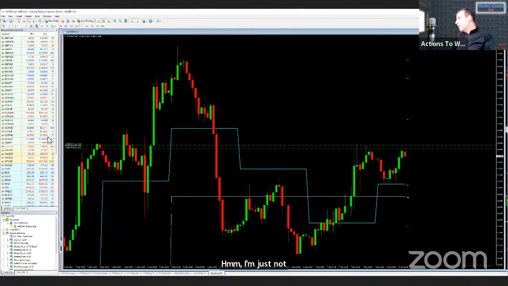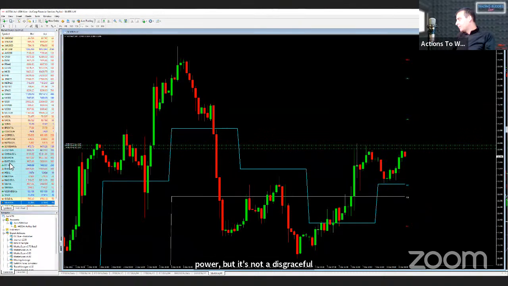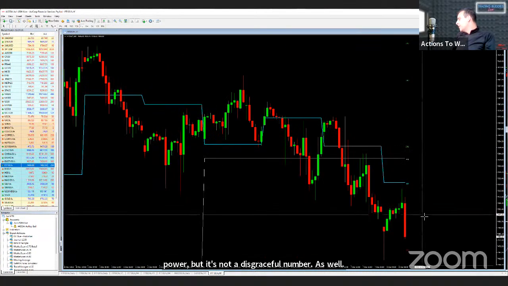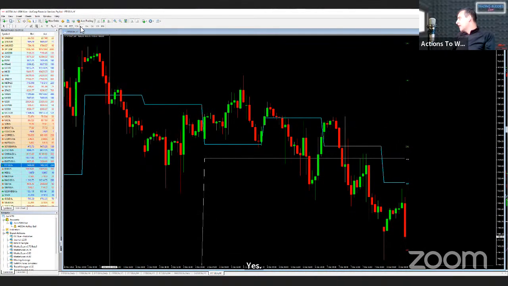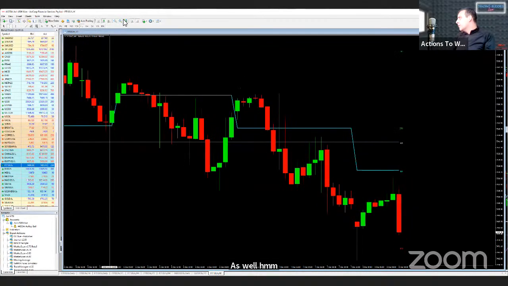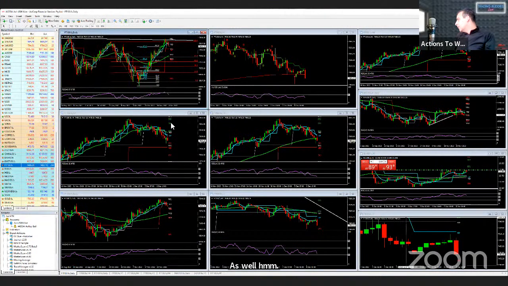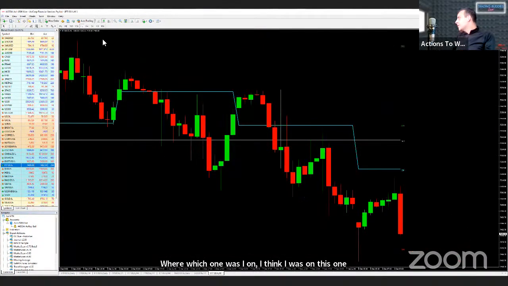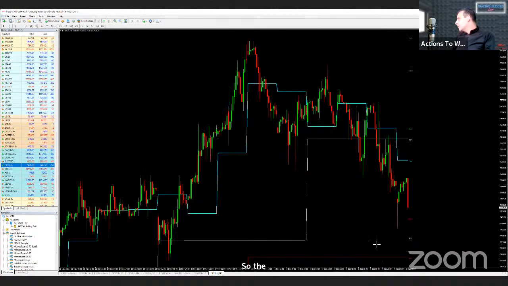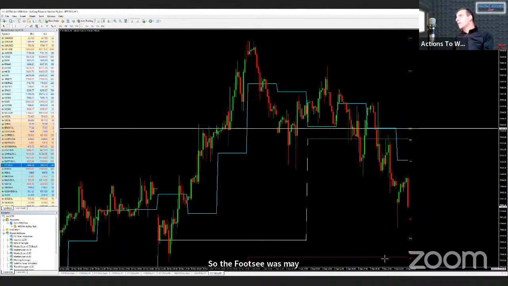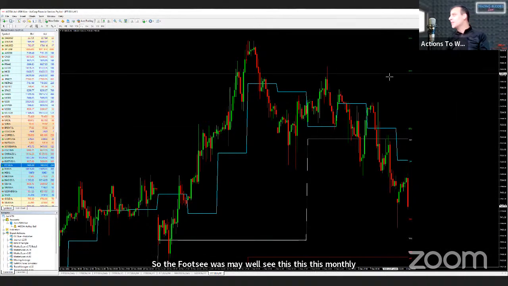Yes, absolutely right. Let me just show you. The FTSE's having a little bit of a sink to the downside, and the FTSE may well see this monthly pivot, and there is some negativity coming in.